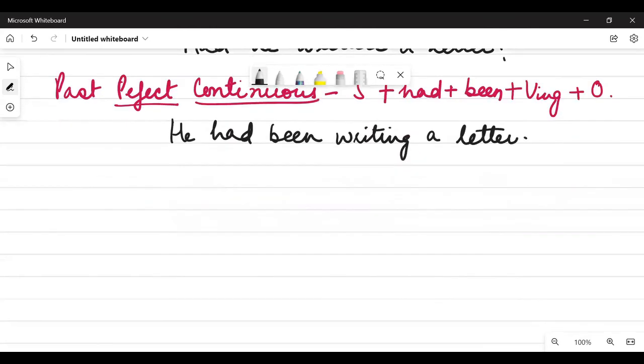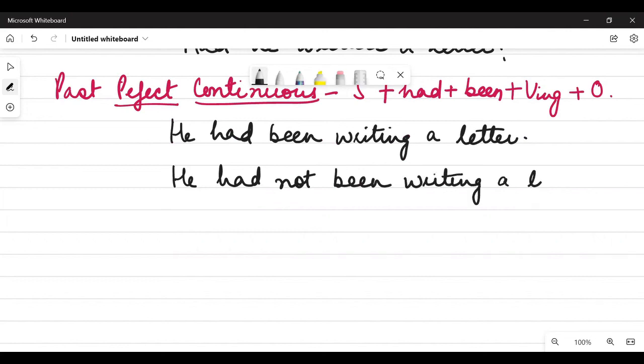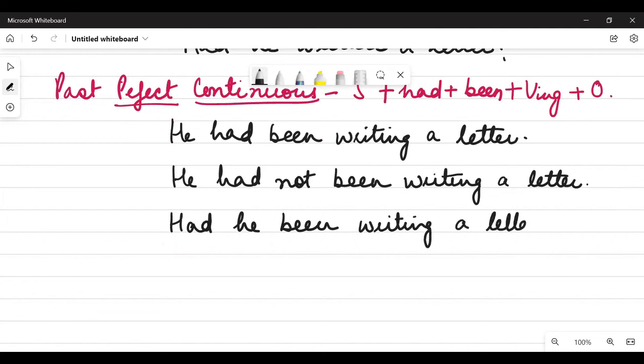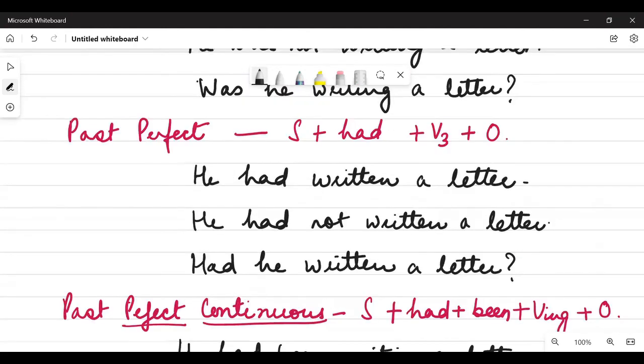If it is a negative, he had not been writing a letter. Question, had he been writing a letter? Right? I hope you are able to understand these formations.